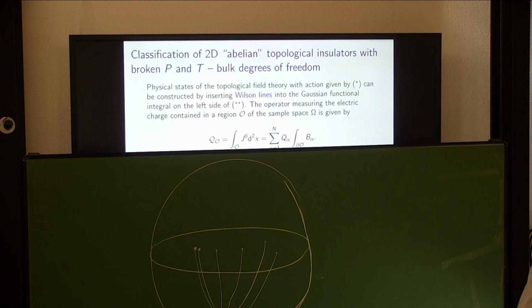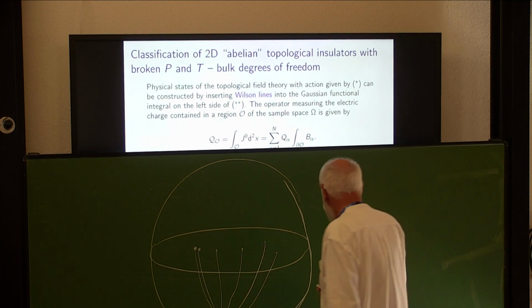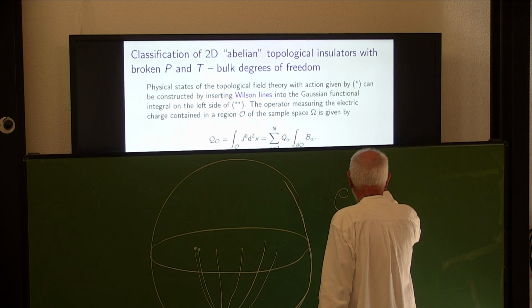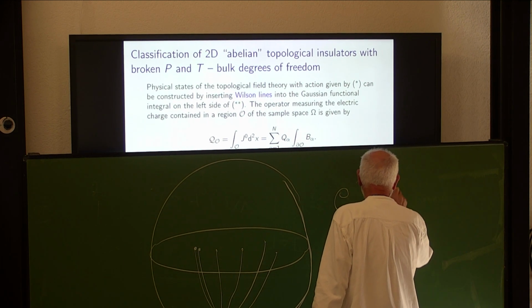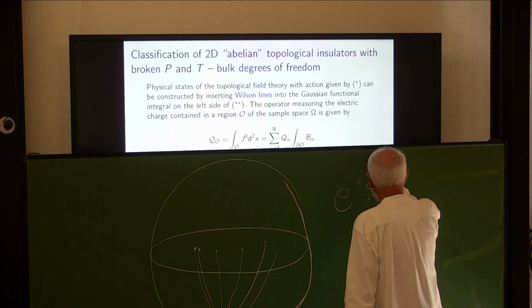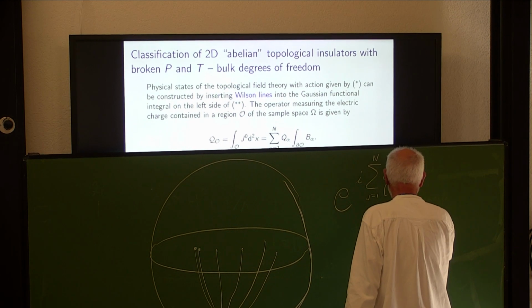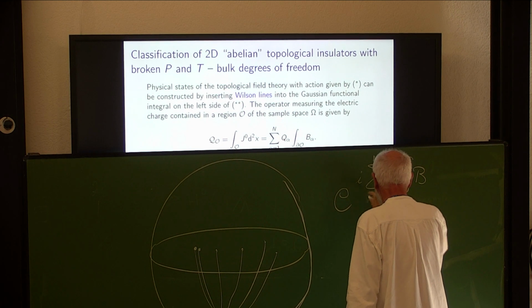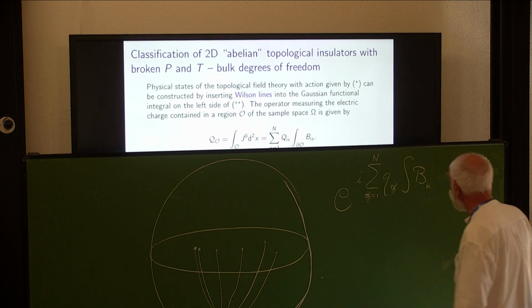What does that mean? Well, if a Wilson line is described by e to the i, some q alpha, I guess I called them alpha before.